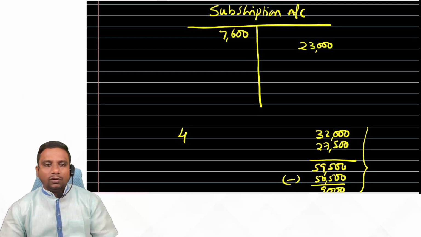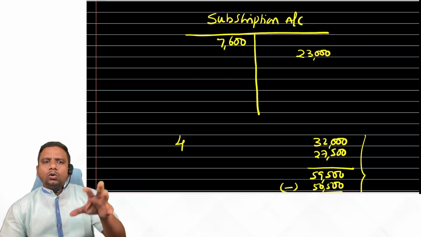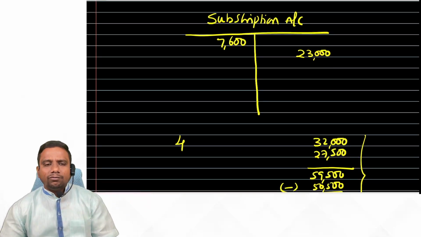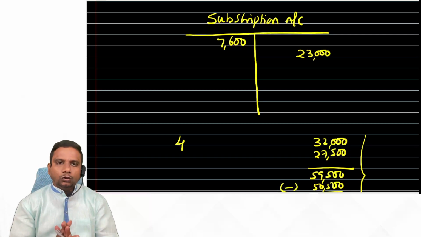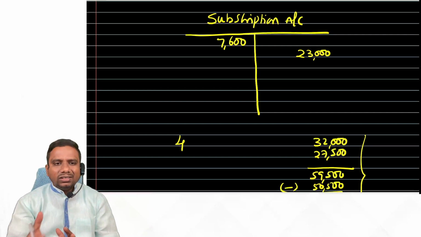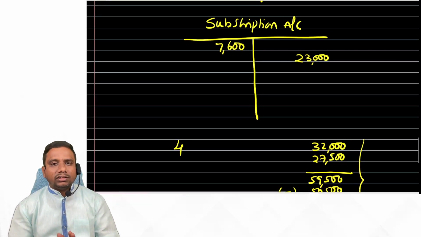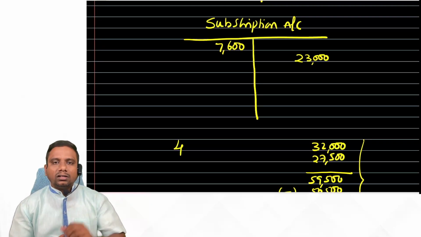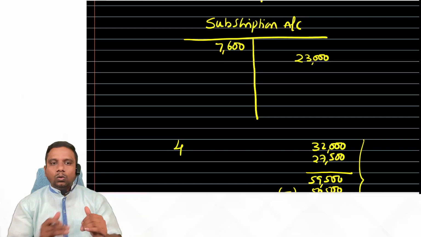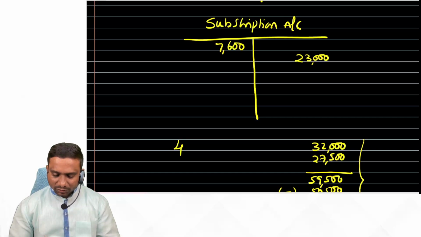Whatever closing entries we recorded for all expenses and revenues become opening entries, or simply reverse in the next financial year. So for this 7,600 rupees, what is the entry we record? Subscription account debit to outstanding subscription account, 7,600. That's it. Next one.